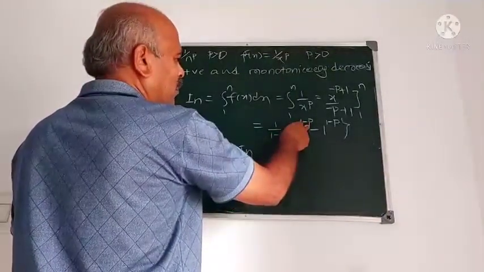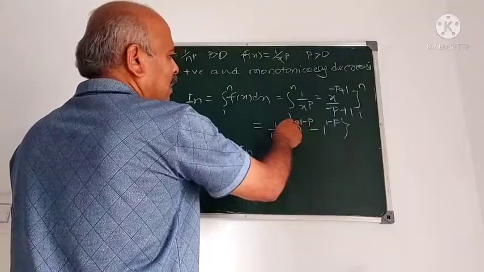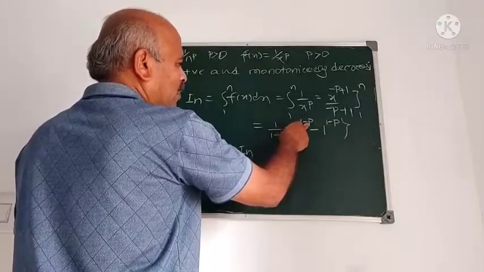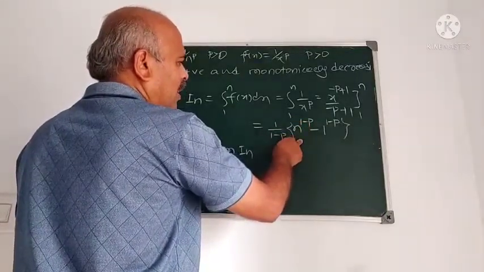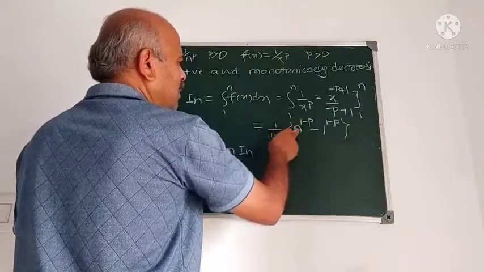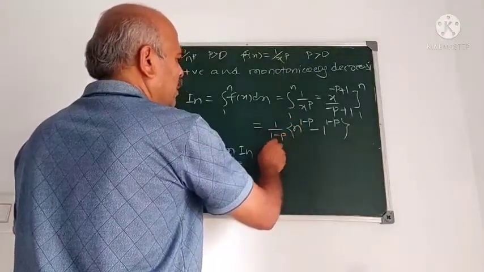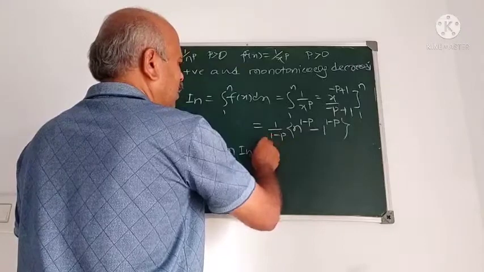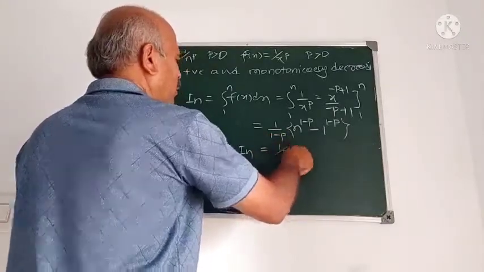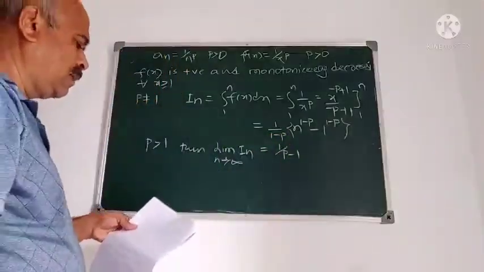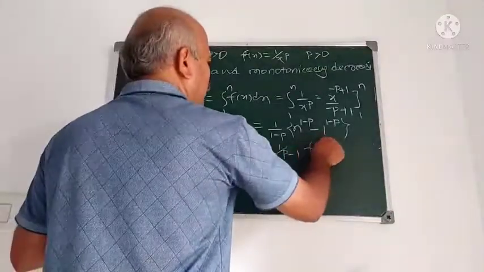Suppose p greater than 1, what happens? This goes to the denominator, and as n tends to infinity, this becomes 0. So we get 1 upon p minus 1, finite.